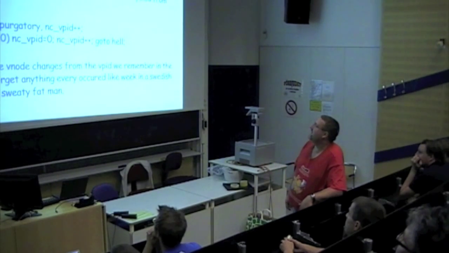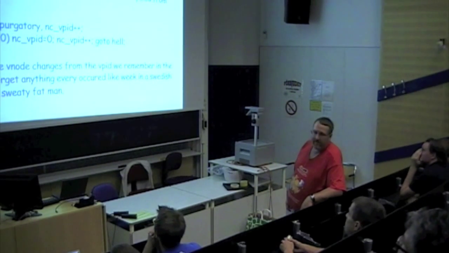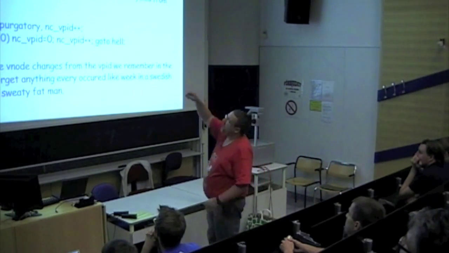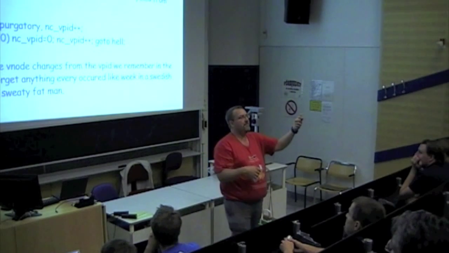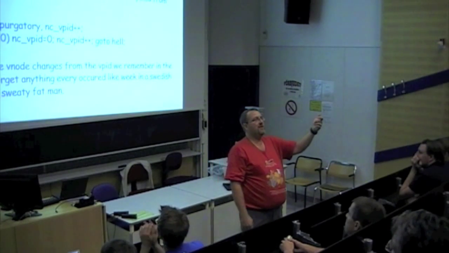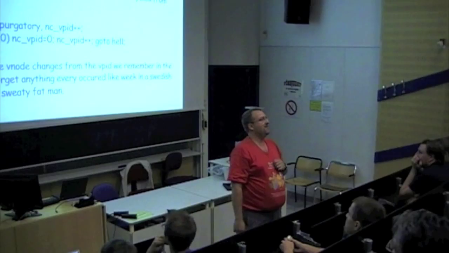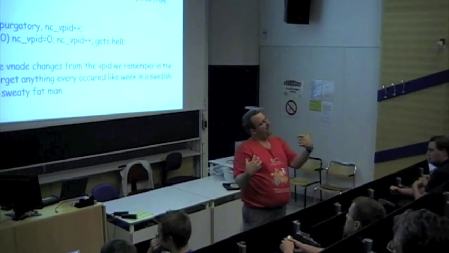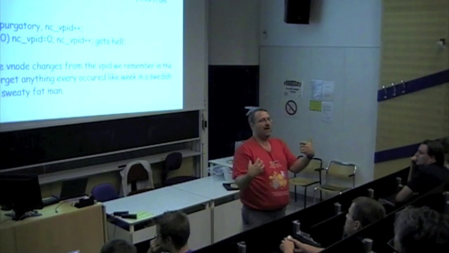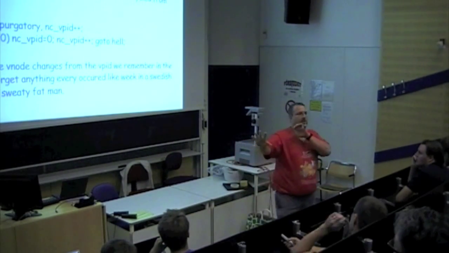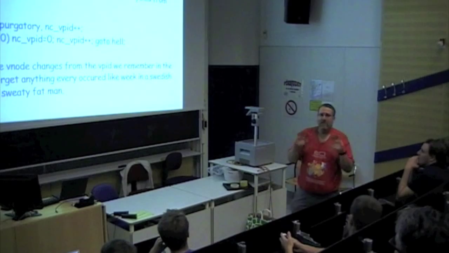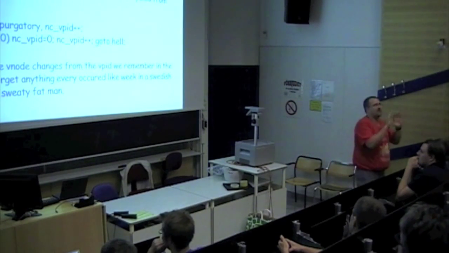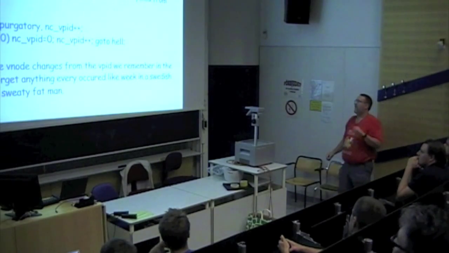And then when you add something to the name cache, you save the counter that was present in the vnode, and then when you look up an entry in the name cache, you get a vnode back, you know what ID it had when you added it to the name cache. If the ID is different, you don't touch it. You just close your eyes, you pretend it was like a week in prison with a fat guy in Stockholm, and you just, that never happened, I never saw that.